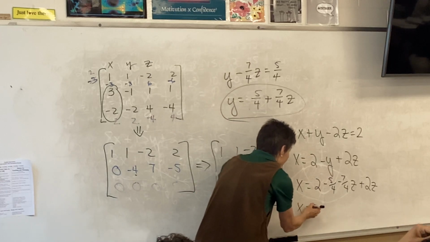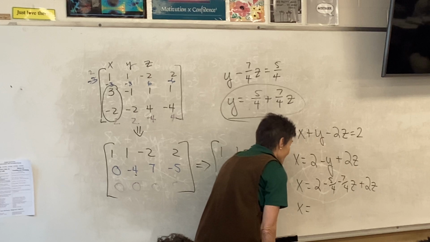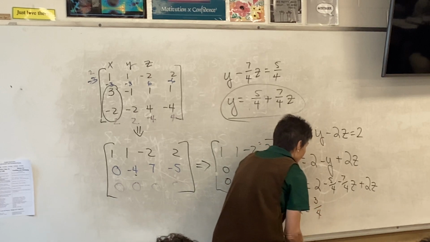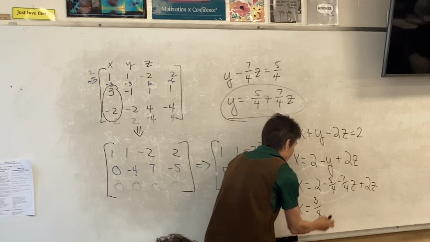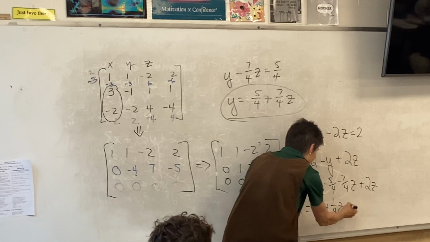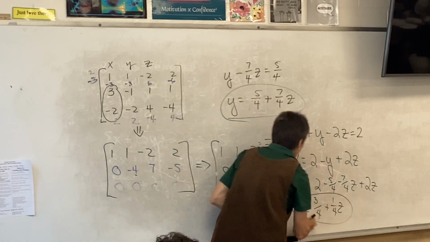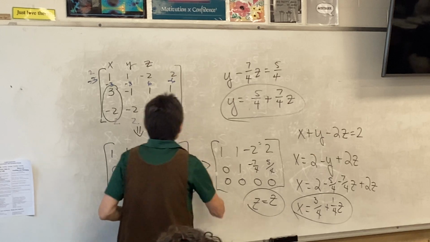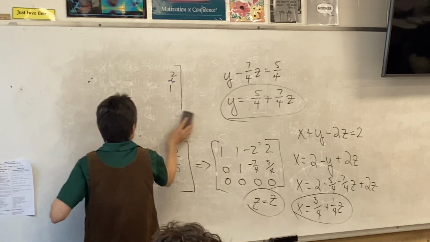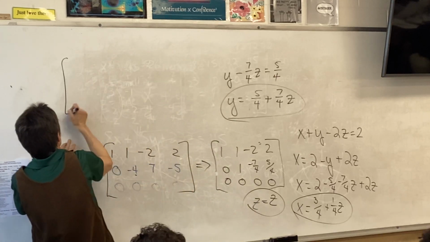So x is going to equal what? What's 2 minus 5 fourths? 3 fourths. And what's negative 7 fourths plus 2? 1 fourth. So now I can write my answer. So x, y, z.